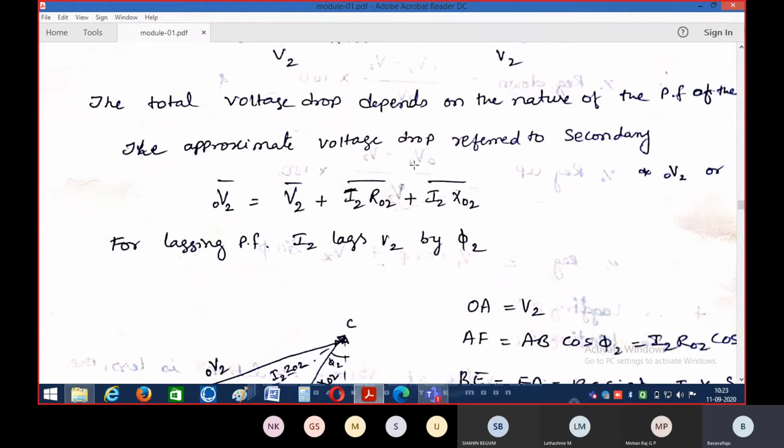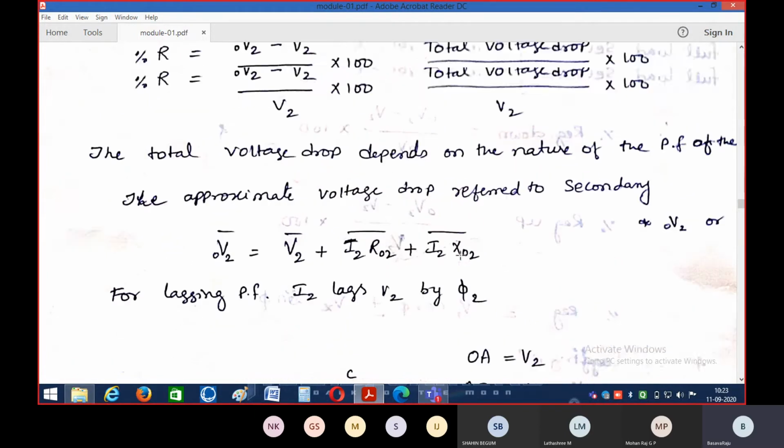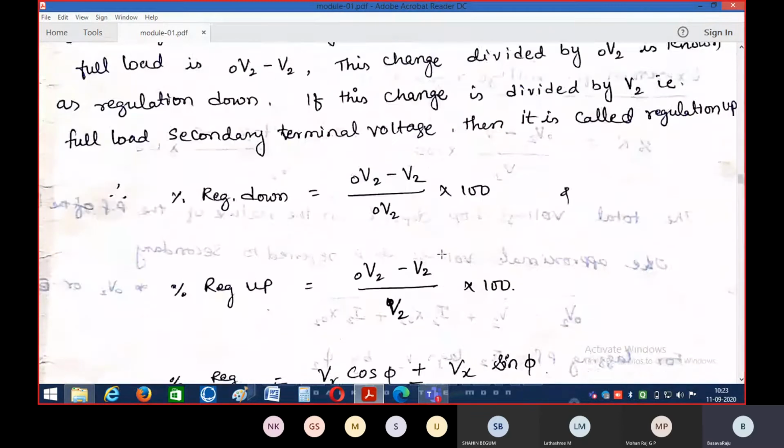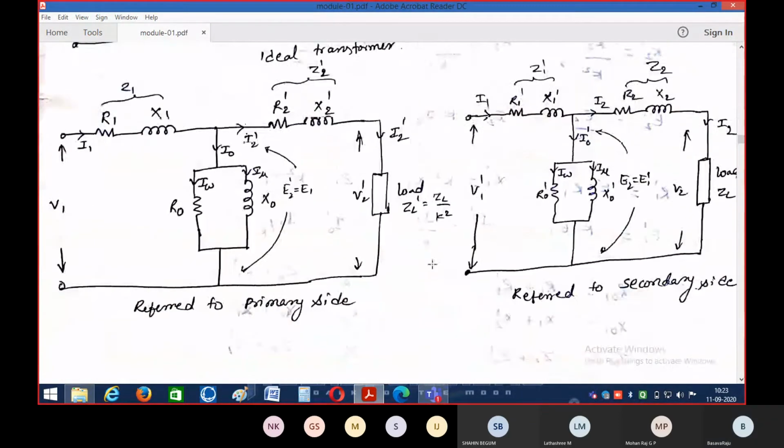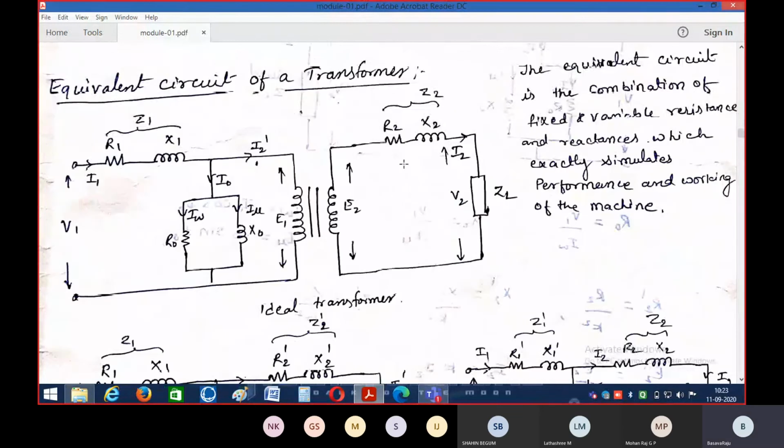The approximate formula to calculate the voltage drop we can derive as V2 naught is equal to V2 plus I2 R naught 2 plus I2 X naught 2. How do we get this equation? Let me show you with the circuit diagram. It will be more clear for you. See this circuit diagram. V2 naught is nothing but the no load voltage, and this is the full load voltage. Full load voltage means the voltage across the load during the full load condition, that is V2.